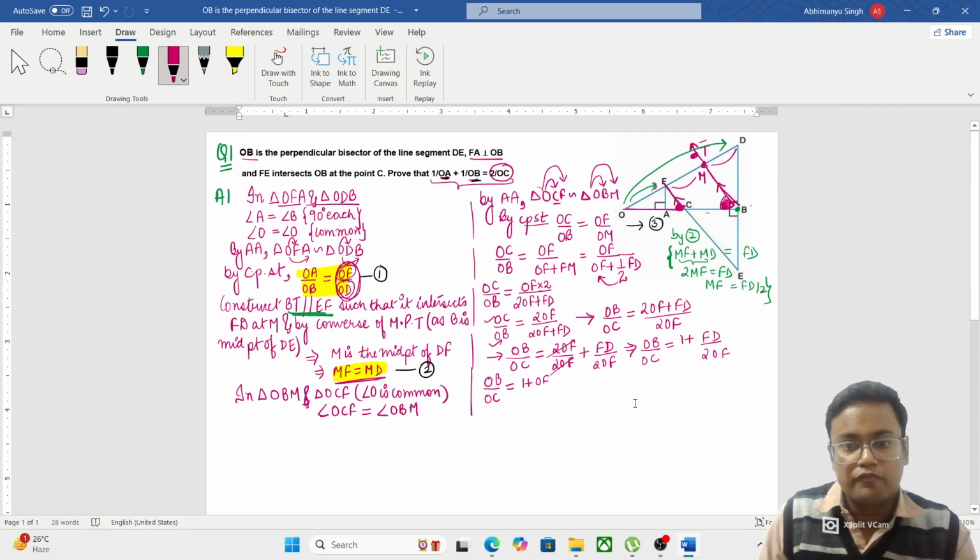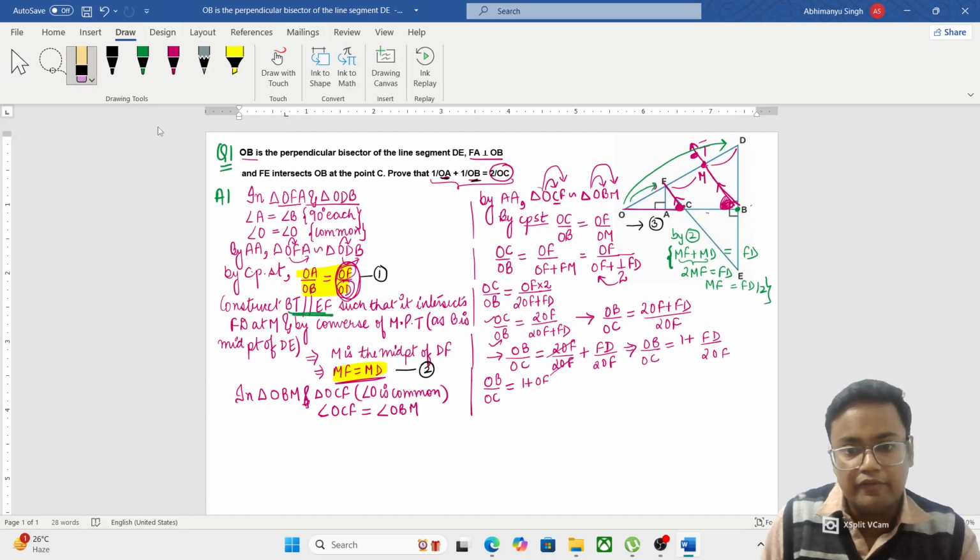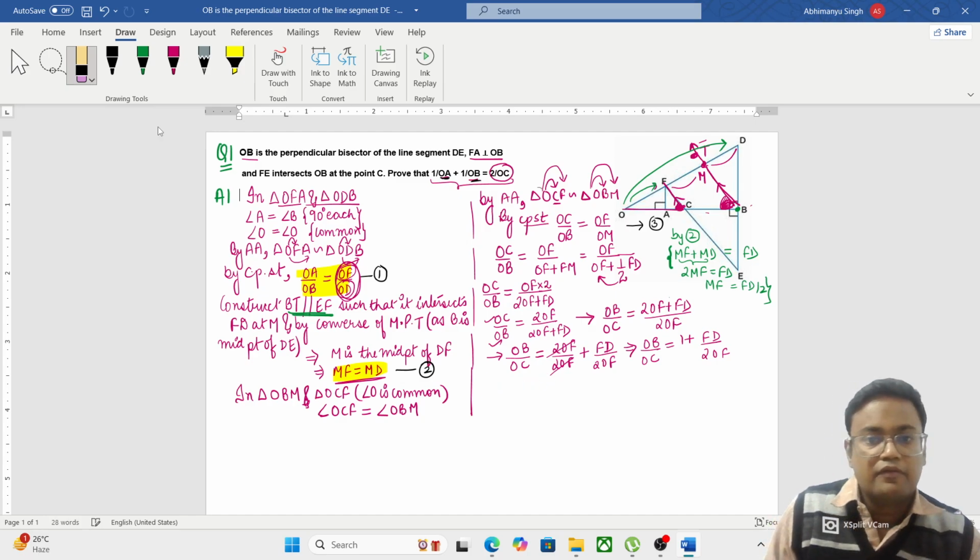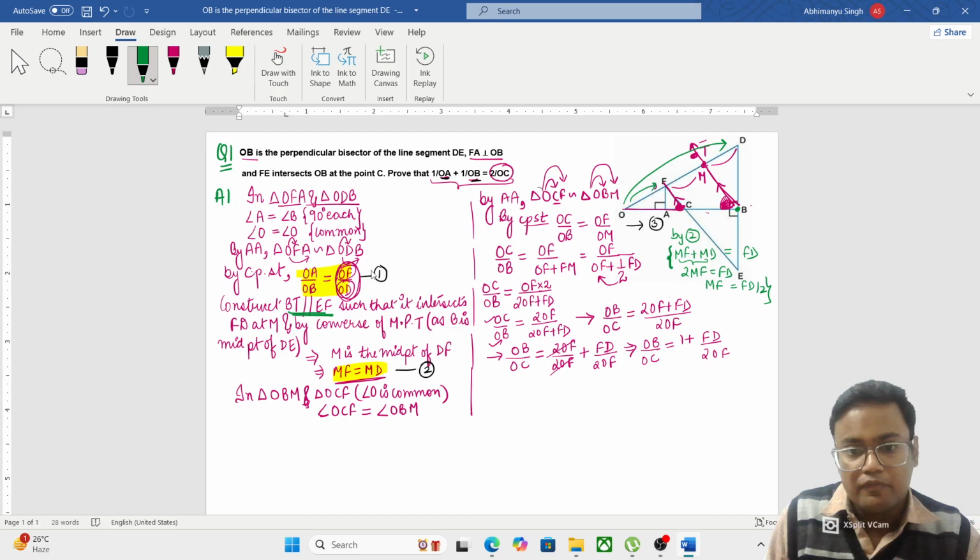So it will be kind of like writing here again. OB upon OC is equal to 1 plus FD upon, I told you, it is OD minus OF upon twice of OF.